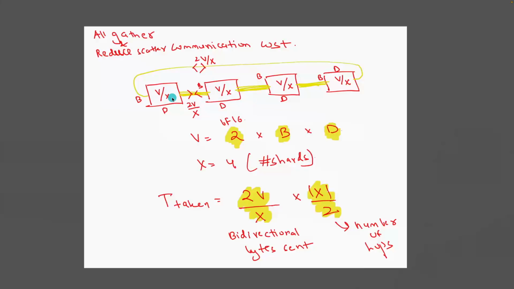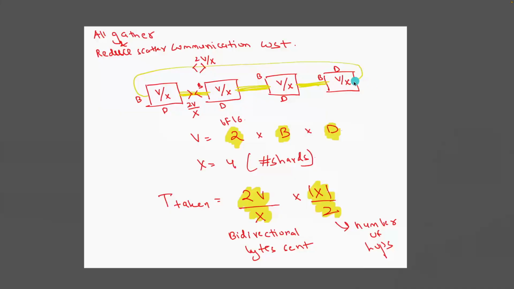Let's follow one piece of data across the shards. Suppose you have v by x here. It sends data this side and it also sends data this side.